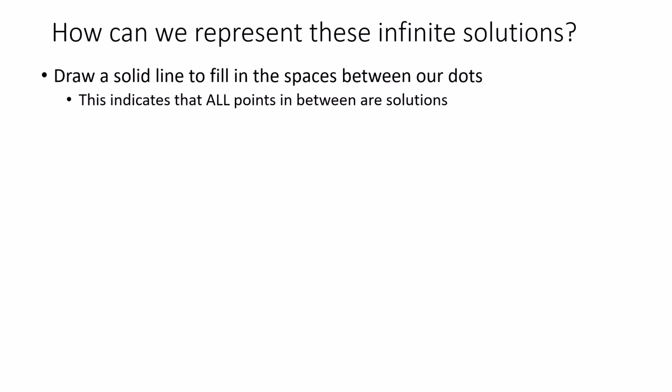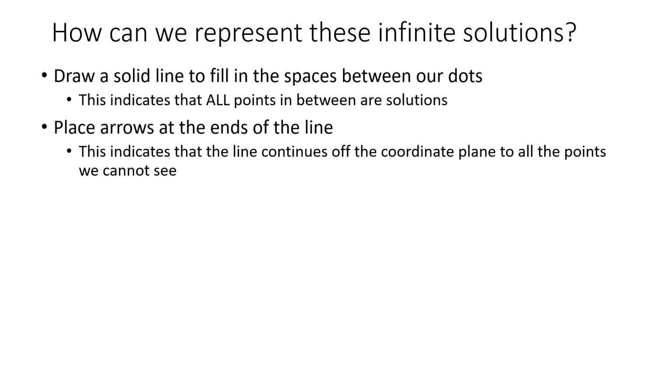And we don't want to confuse our dots with all the points on the line. Many times in my classes, I've said pick a point on the line, and my students home in on the dots. Any place in between the dots also constitutes points on the line. And then we place arrows at the ends of the line, and that indicates that the line continues off the coordinate plane to all the points that we can't see.